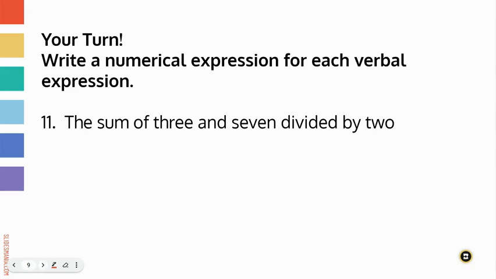Okay, now it's your turn to try a problem. So you are going to try number 11, the sum of 3 and 7 divided by 2. Again, pause the video so that you can take a moment to actually get the answer. And then once you have your answer, you can start it again to check it.